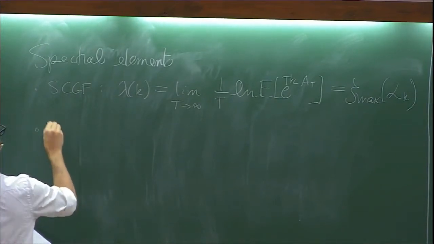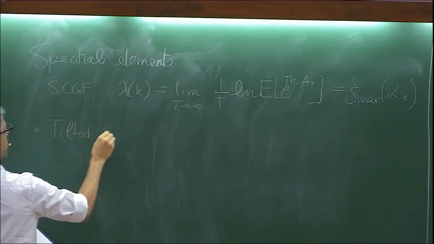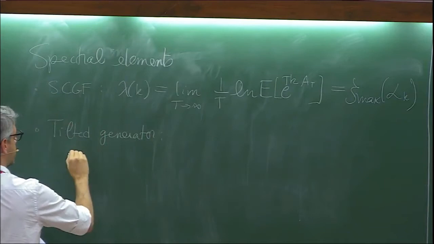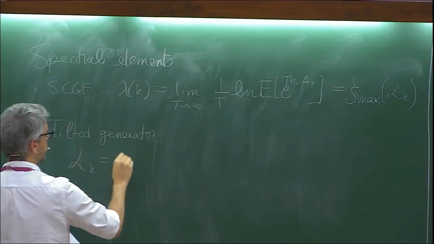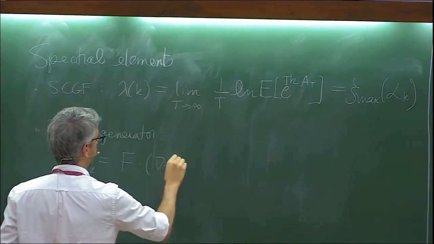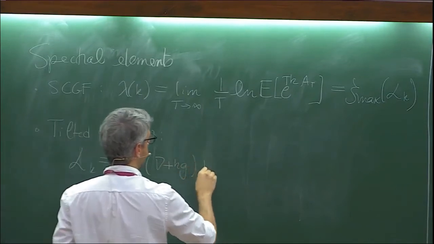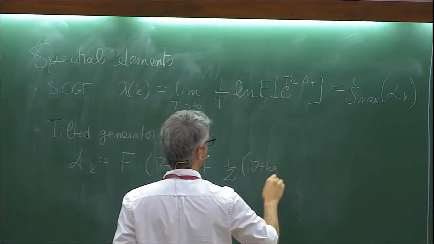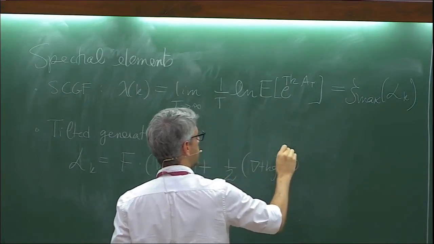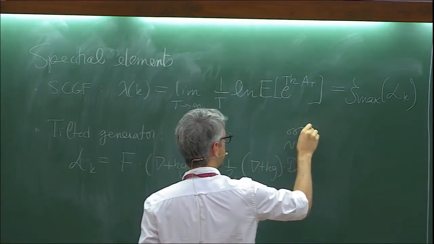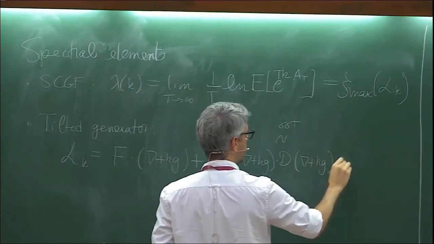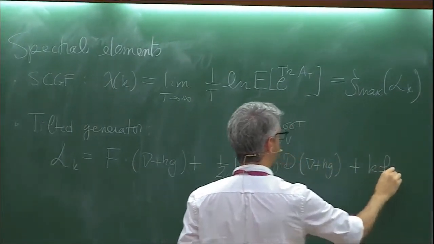The tilted generator, we know again, but I'm going to put the explicit expression: f plus k g plus 1/2 k g D, where D is sigma sigma transpose, k g plus k f.